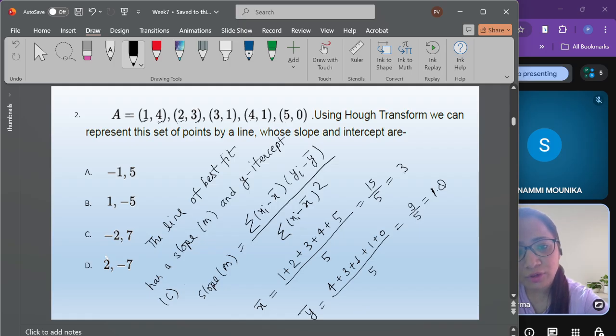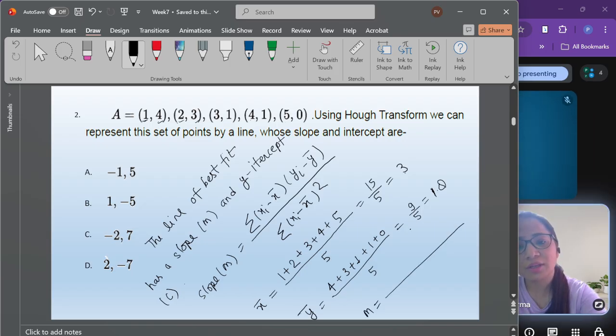So m is equal to the summation over all the points, here there are 5 points, so i varies from 1 to 5. So we need to take each point and subtract the mean values.